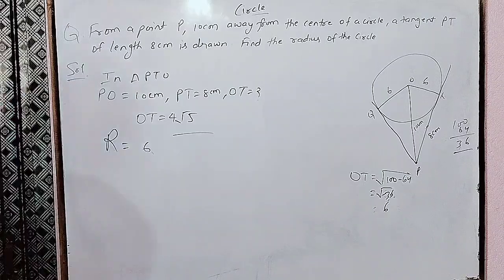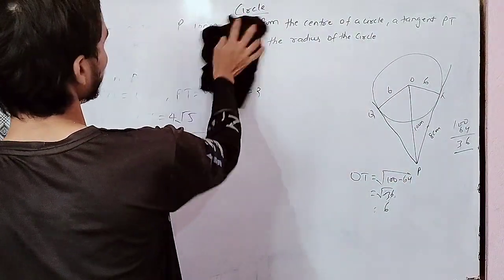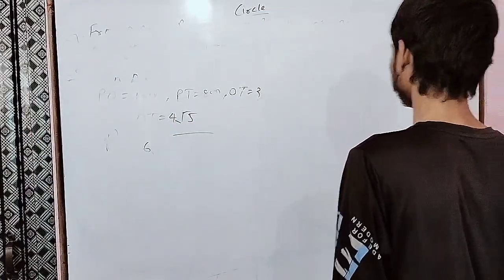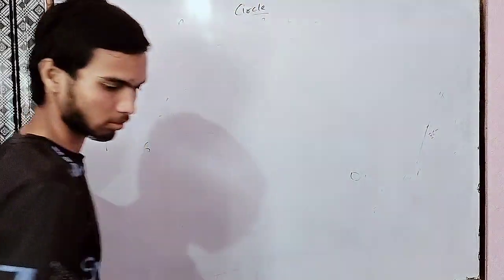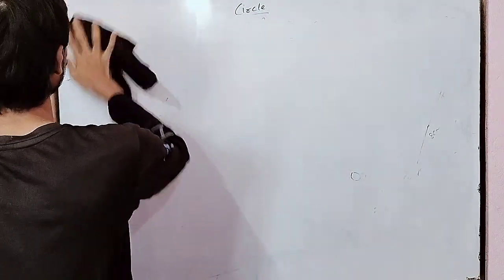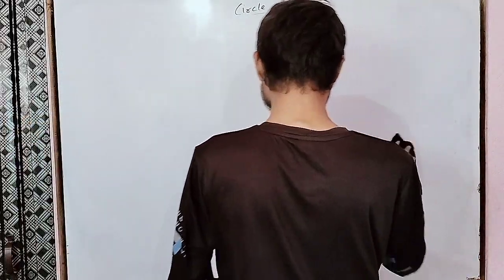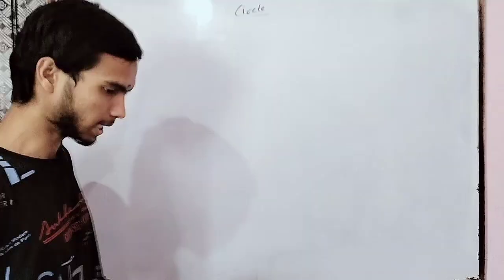Now the next question is: a tangent PQ at a point P of a circle of radius 5 centimeter.